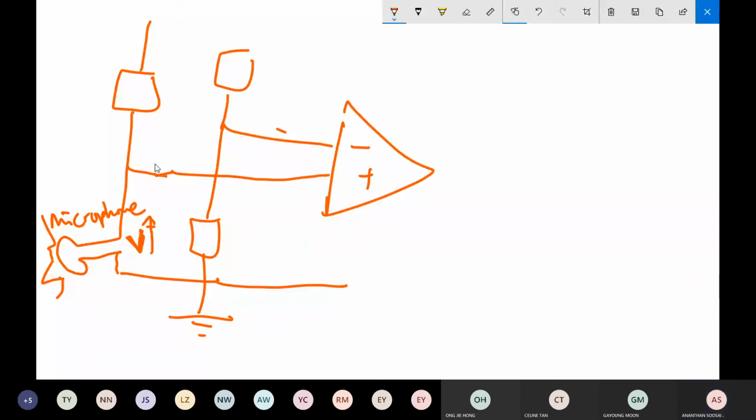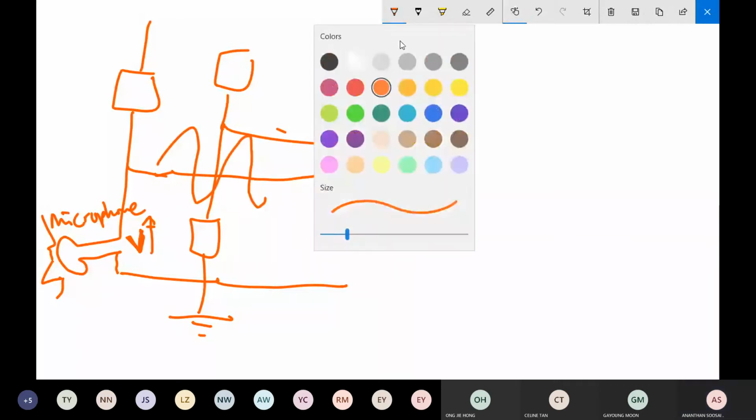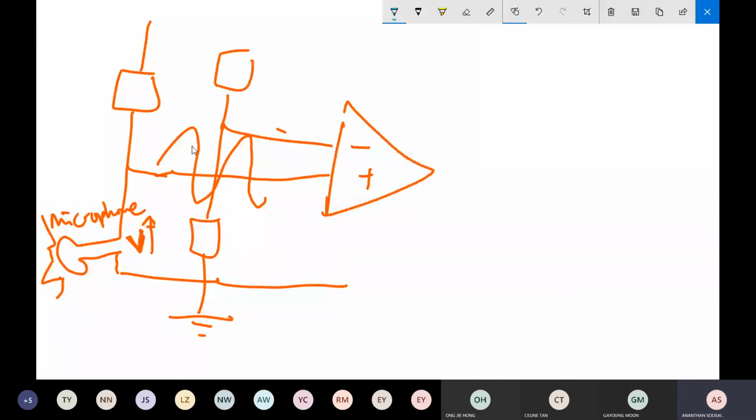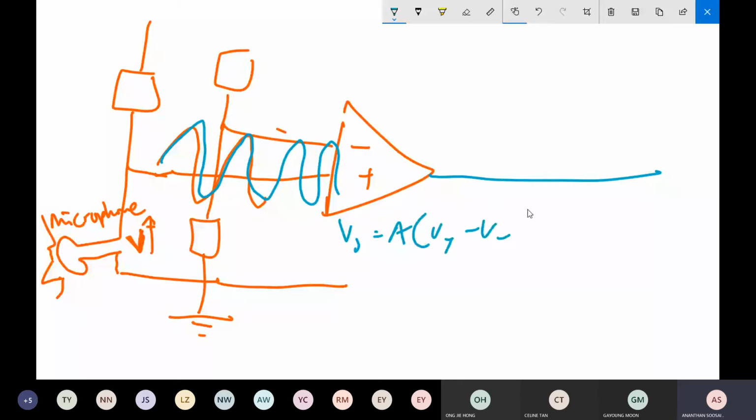If the opera singer creates a sinusoidal signal like this into the positive, the output is A(V+ minus V-). The V negative we make as low as possible, maybe 0. So whatever input in the positive will be produced here. The output will of course be positive, but it will be saturated.